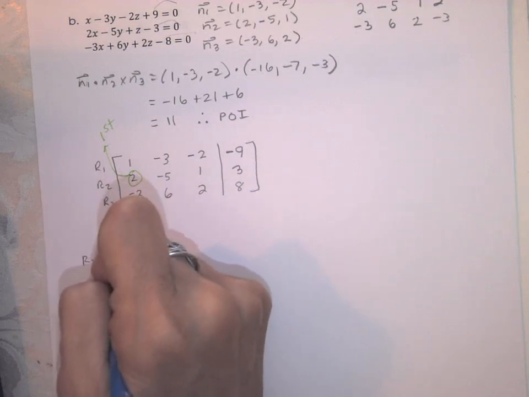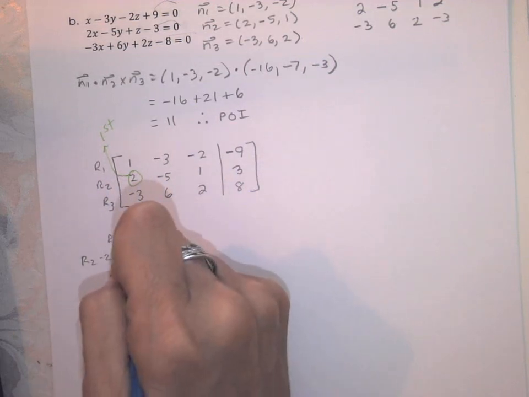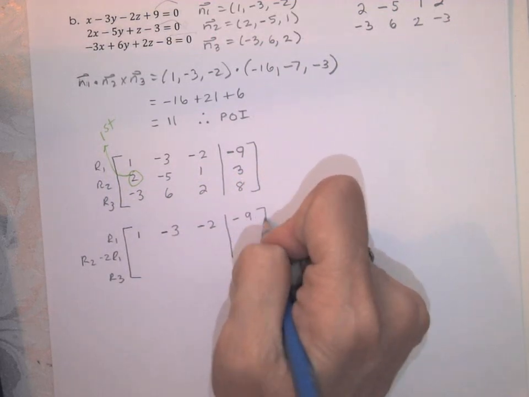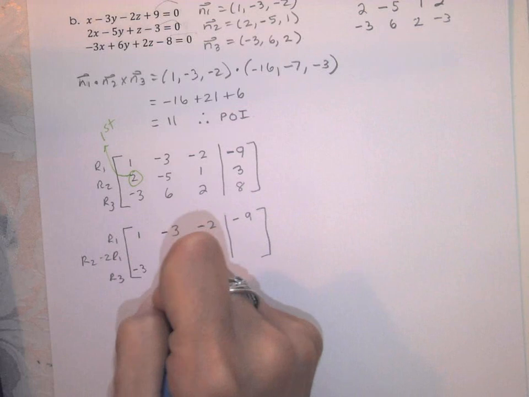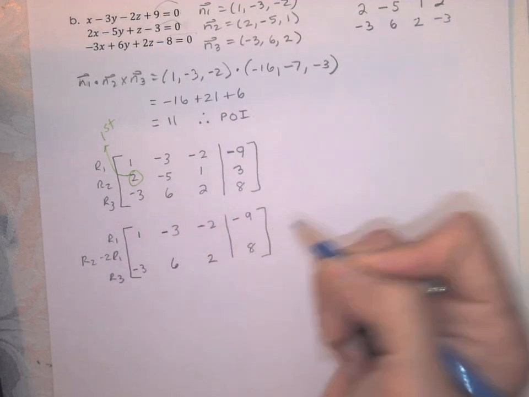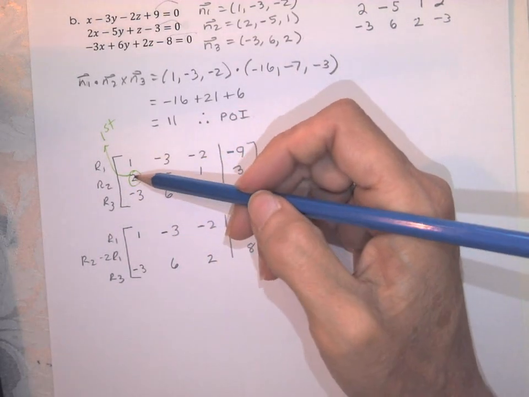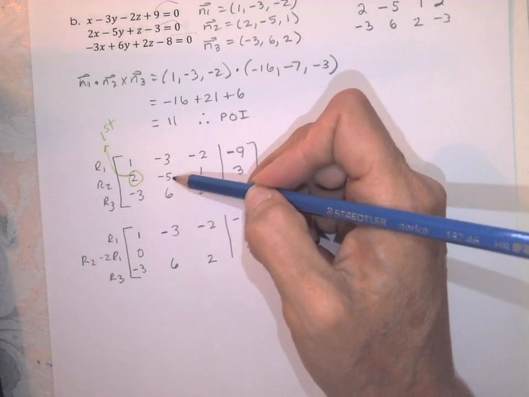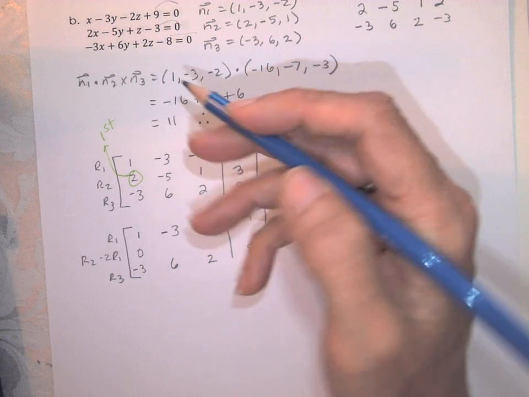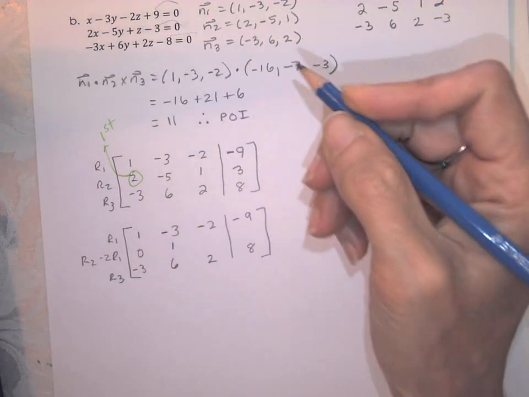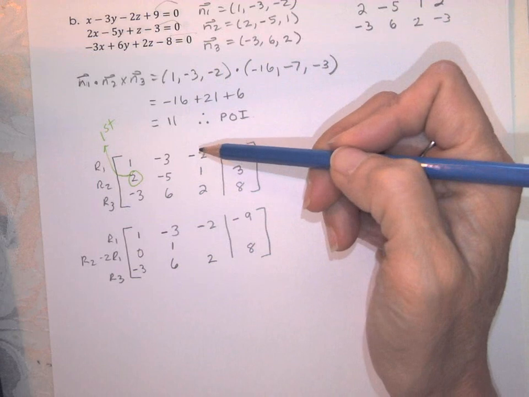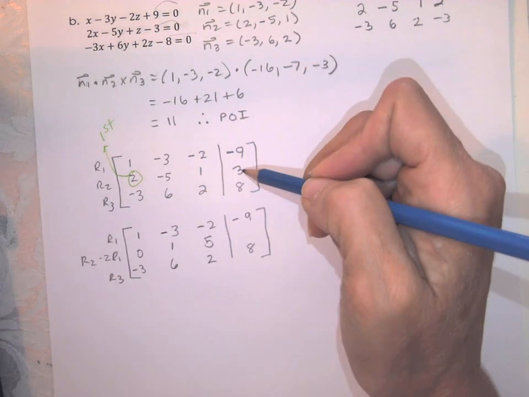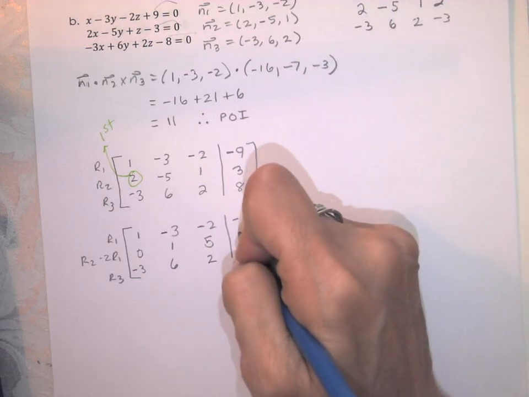And then I'll leave row 1 and row 3 the same. So if I do row 2 minus 2 row 1s, I get 2 minus 2 is 0. Negative 5, it's going to end up being plus 6 is 1. 1 minus negative 4, or plus 4 is 5. And 3 plus 18 is 21.